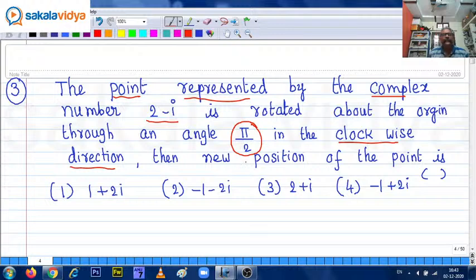Anti-clockwise means positive. The new position of the point we need to find out. You need to use the Coni theorem. So in this rotation complex number problem, this is the given complex number z, the angle of rotation theta is equal to negative pi by 2. The new position we can say z1. Let us find out z1.